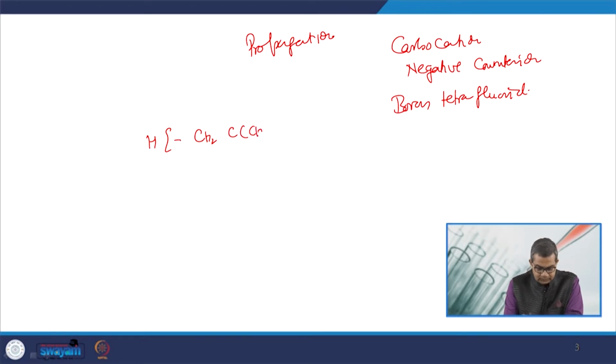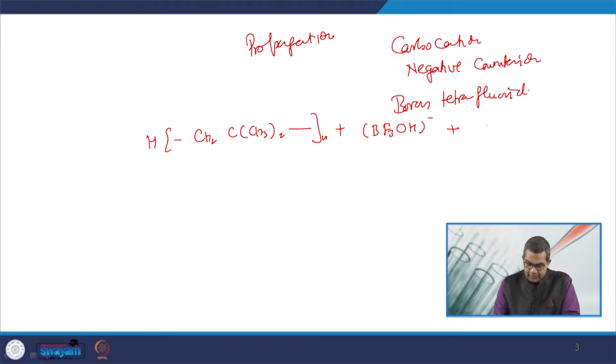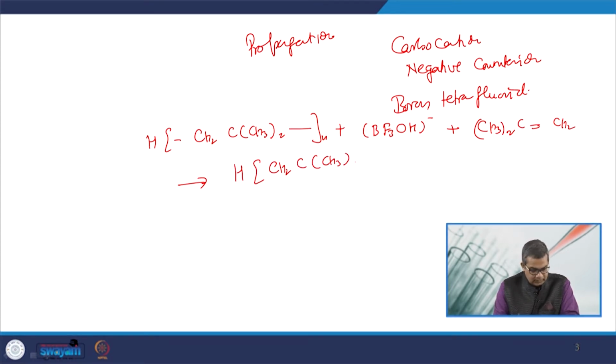CH2C... this which we developed during the course of our initiation process, and CH2 double bond CH2, this may give you CH2 C CH3 twice BF3OH.